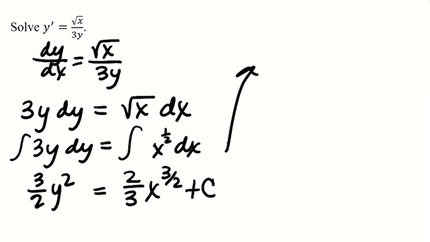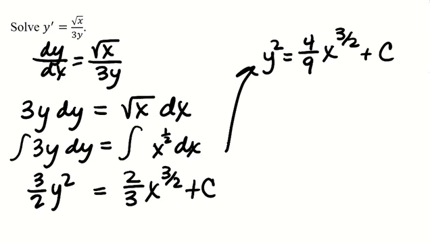So I'll have y squared equals, if I want to get rid of the 3/2, I'm going to multiply by 2/3. So I'll have 4/9 x to the 3/2 plus 2/3 of c, which is still just some constant that's a real number. And it could really be anything.